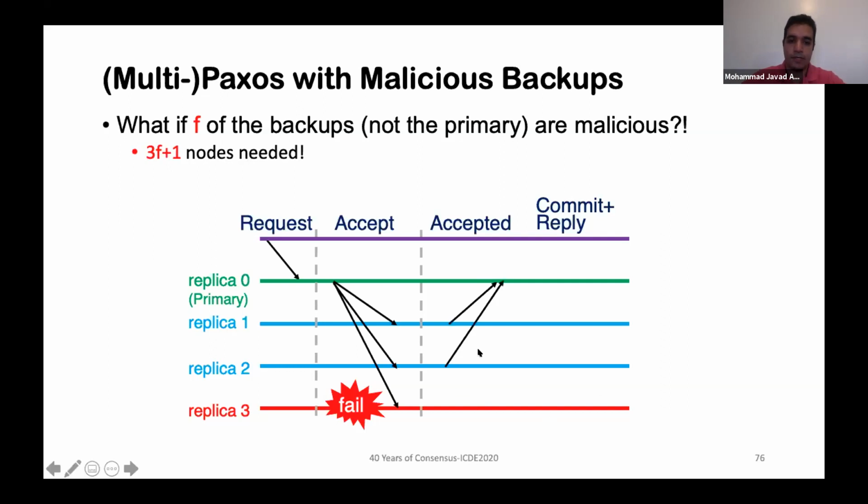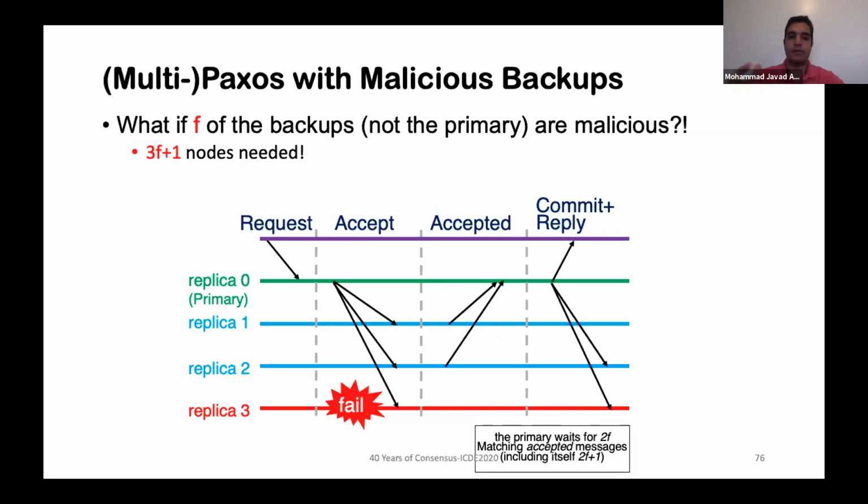So the primary waits for 2f accepted messages, which including itself becomes 2f+1, and then sends the commit message. As a result, if we have an honest primary and malicious backups, we can still have a centralized approach. We can still have 2 phases of communication, but we need more nodes.